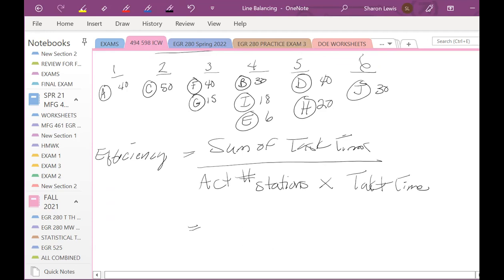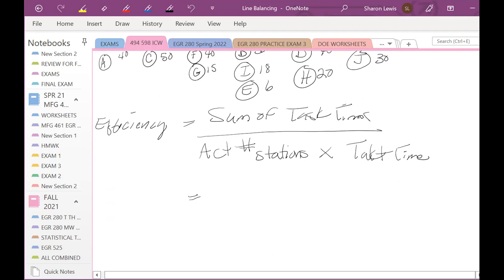You may recall from the previous video when we did shortest processing time, we had 7 stations. This time we have 6. Since we're dividing by a smaller number, our efficiency is going to go up.